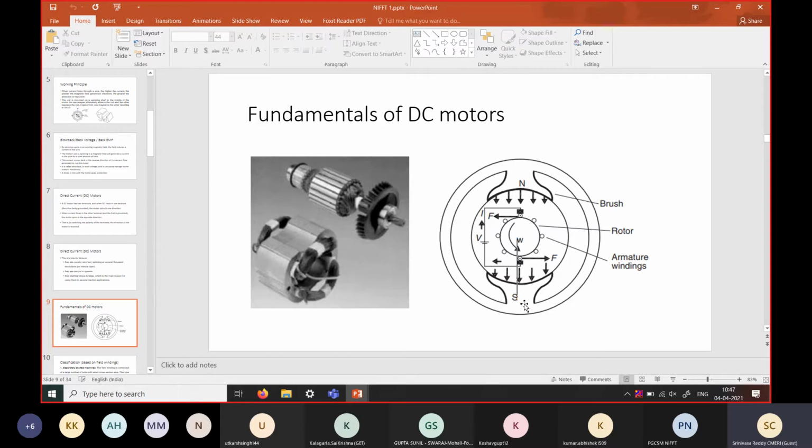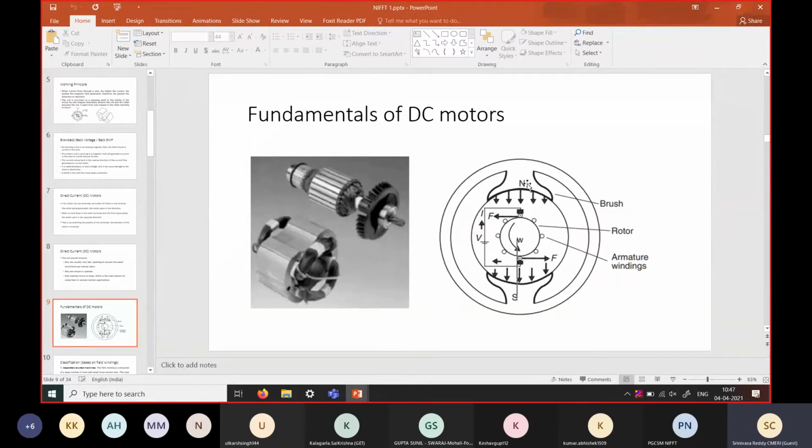What happens when we have only one pole pair like this? The torque which we get will be intermittent. If you want smooth and continuous torque and smooth operation of the motor, we need more magnetic pole pairs.